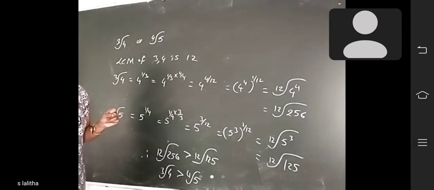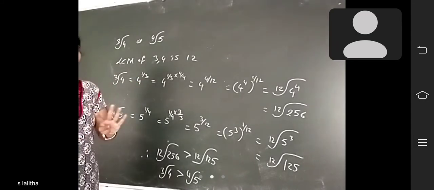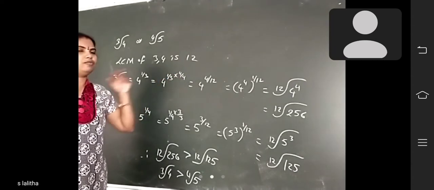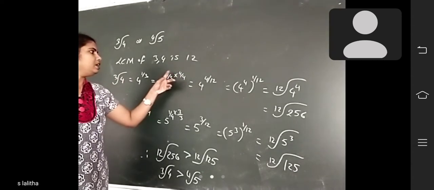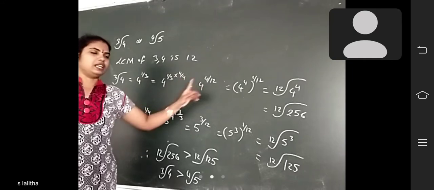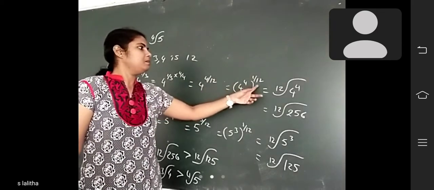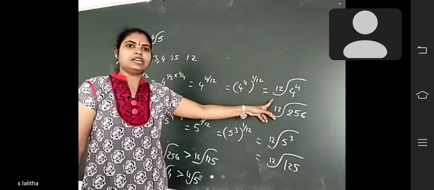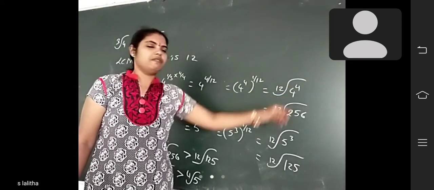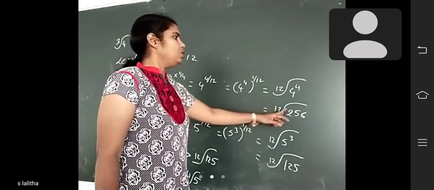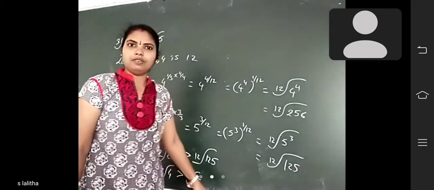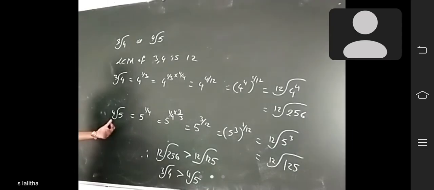In the 3 table, how many times to get 12, children? 4 times. So you should multiply by 4 by 4. So 4 power 1 into 4, 3 4s are 12. So 4 power 4, whole power 1 by 12. How can you write it in the surd form? The 12th root of 4 power 4. So the 12th root of 4 power 4 is how much? 256.